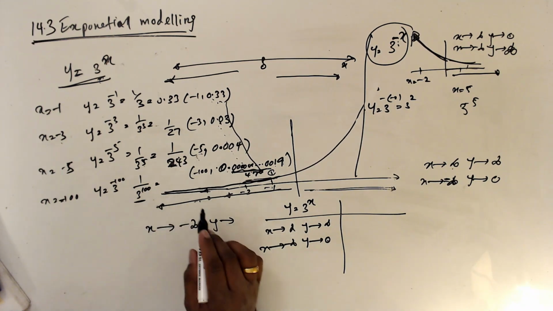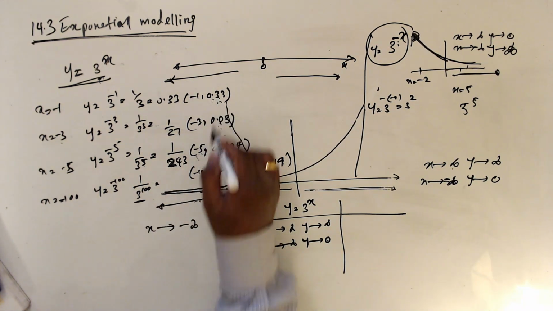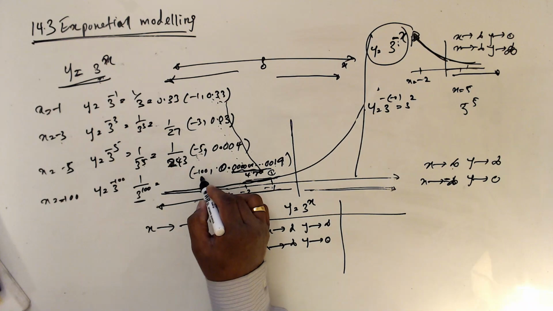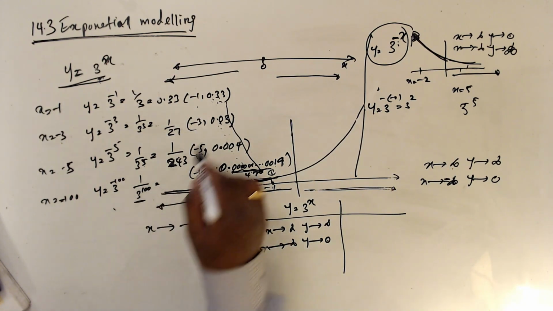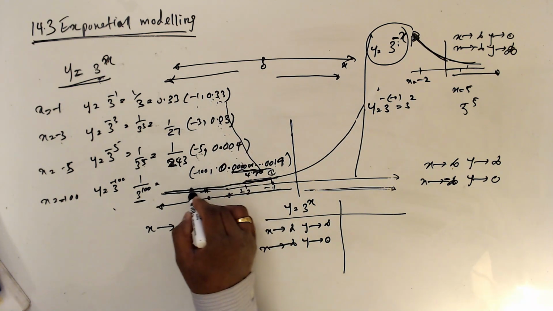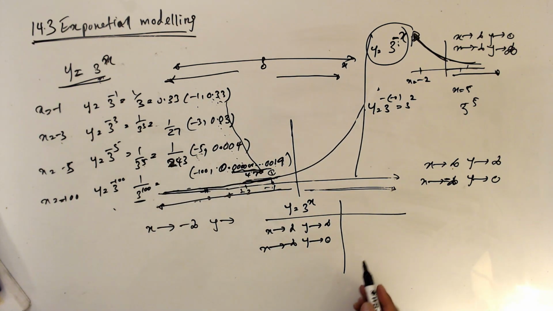I gave the proof. X going to the negative side, minus 1, minus 3, minus 5, minus 100. This value is getting closer and closer to 0.